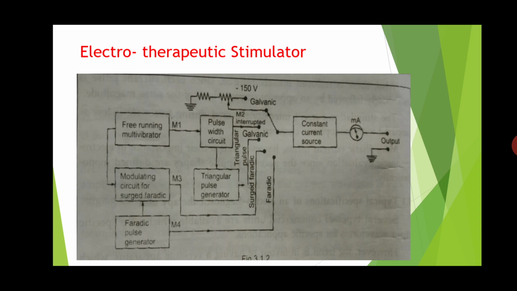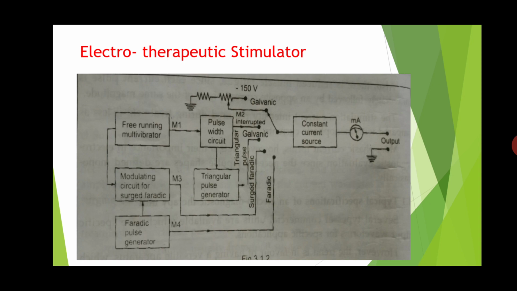The output from the free running multivibrator triggers the monostable multivibrator, the M2 circuit, which sets the pulse width. So using the pulse width circuit we can set the width of the pulse. The output pulse from the monostable provides an interrupted galvanic output whose rate as well as duration can be independently controlled.